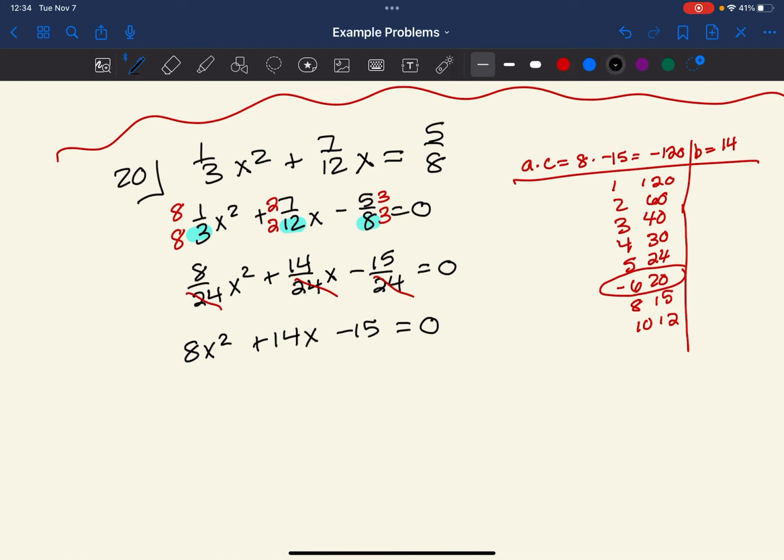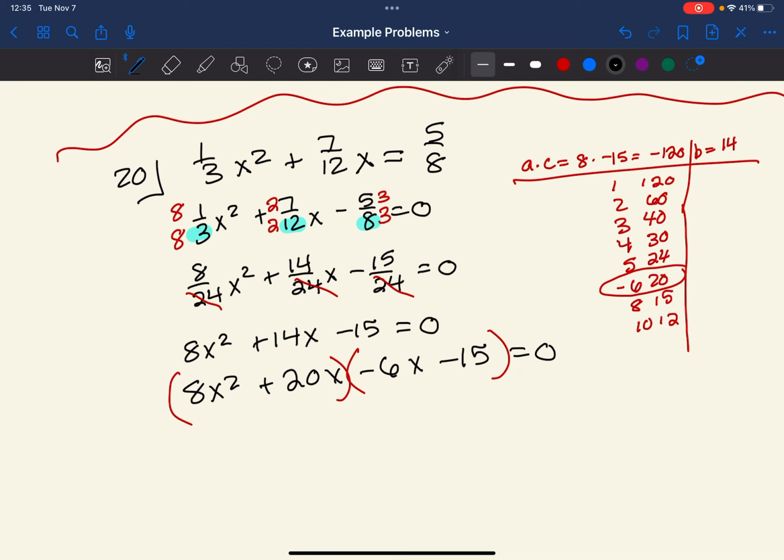So expanding our middle term, we get 8x squared plus 20x minus 6x minus 15 equals 0. So now we are factoring by grouping and taking out a GCF from each one.